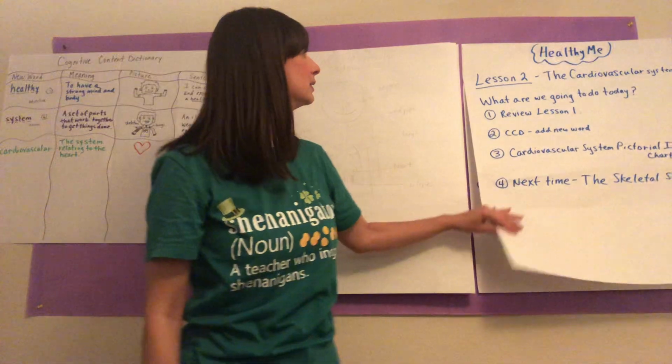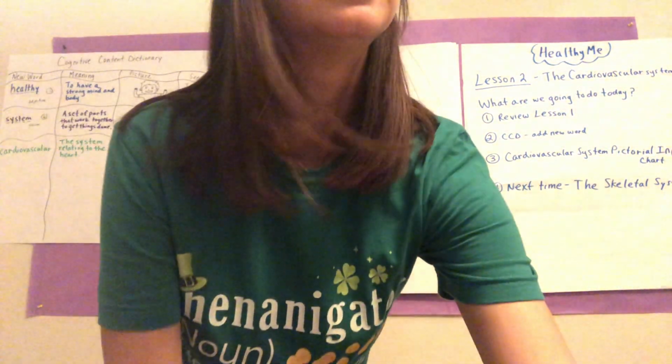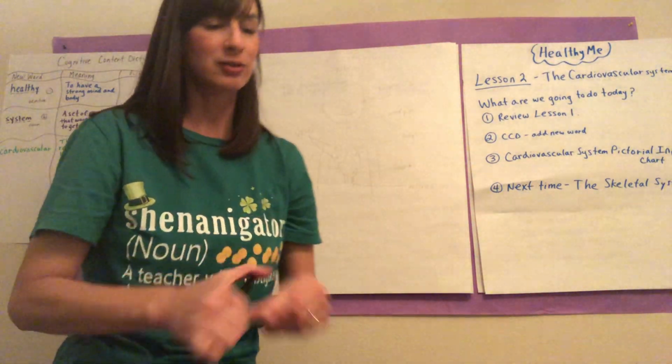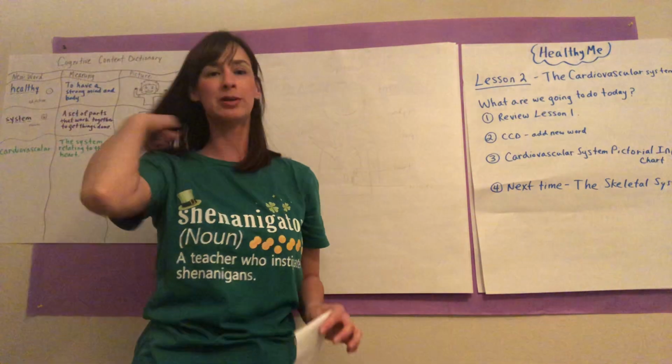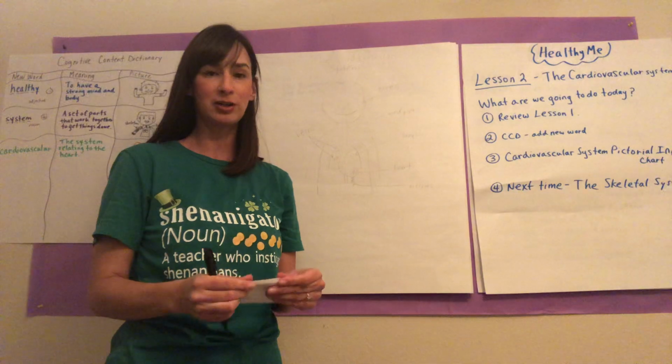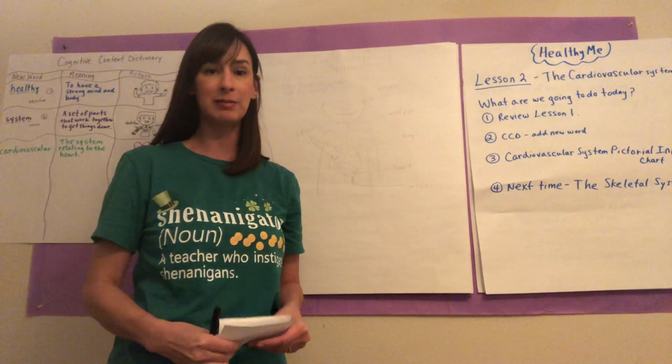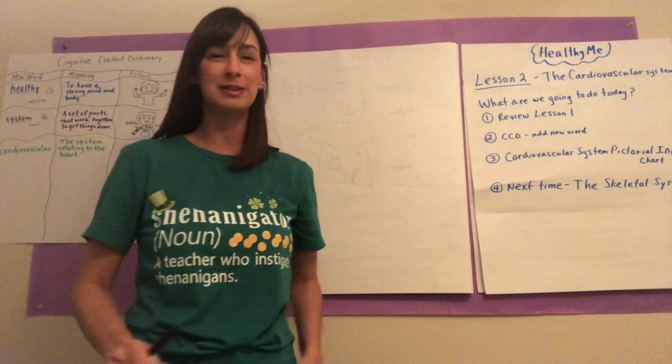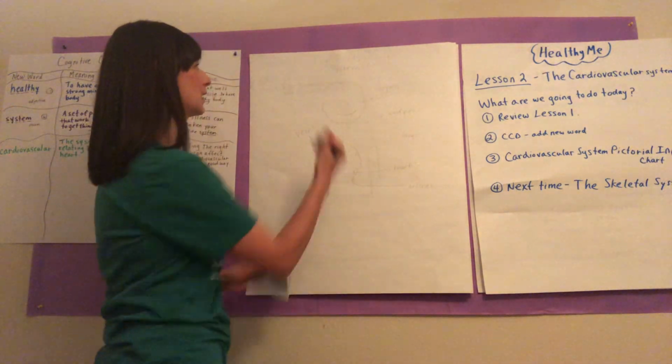Okay? So let's go ahead and start with that, and just follow along with me. You can use your own notebook or paper, and you can send me a picture of your pictorial input chart. Again, you can email that to me, or if you're my class, you can send it to me by Class Dojo. Okay, so we're going to start.